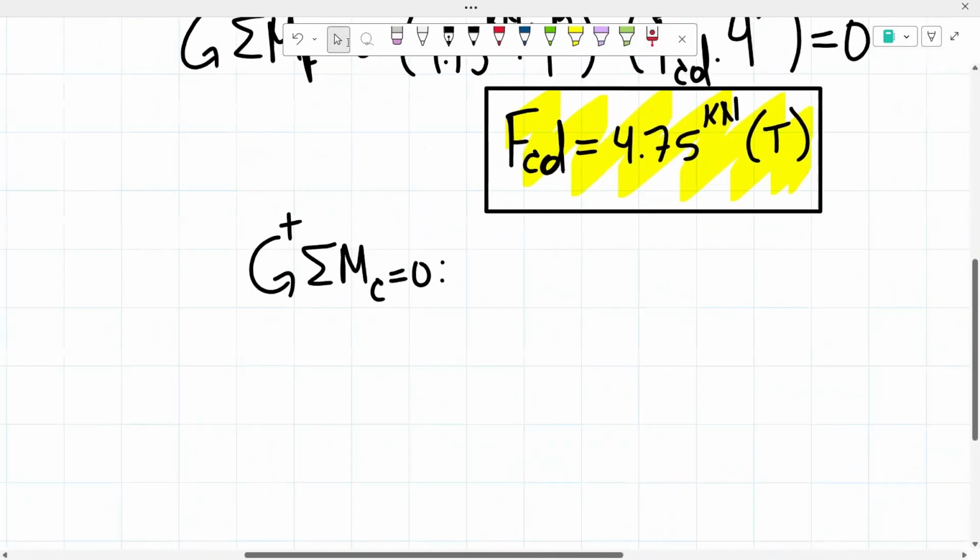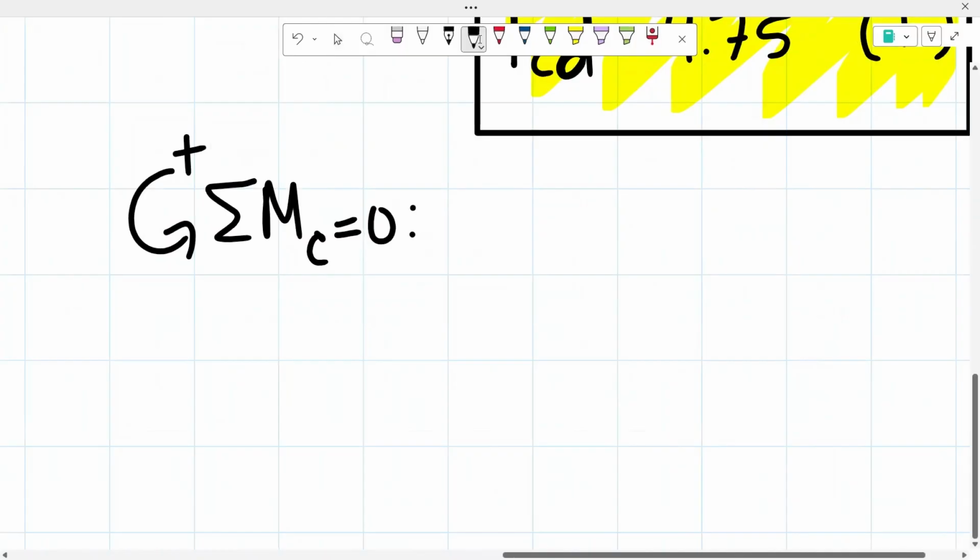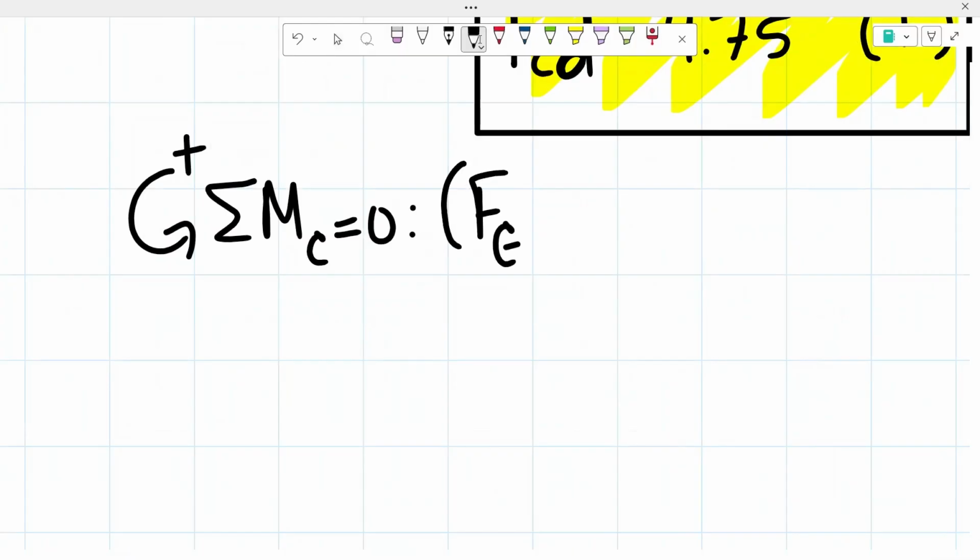So let me write this out. We know that the force of the bar GF, but we're dealing with the horizontal component, so that has to multiply with 2 over the square root of 5. That's our force right there.